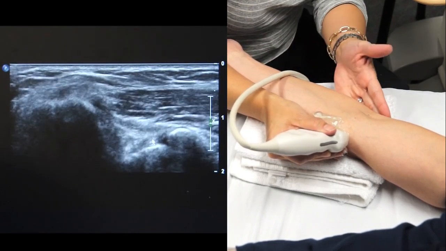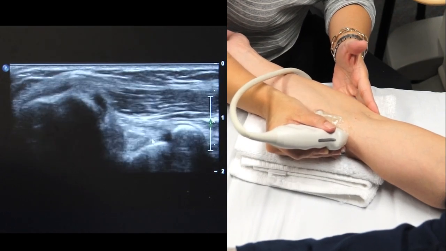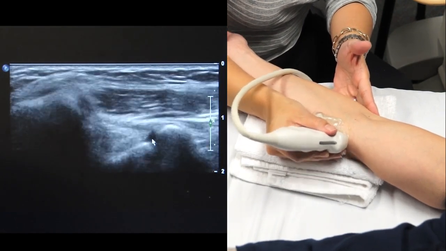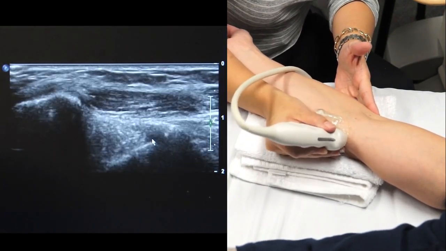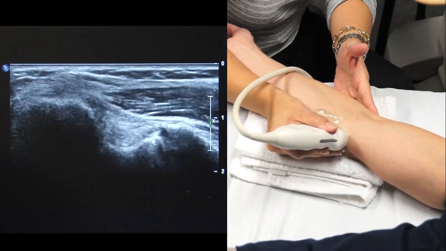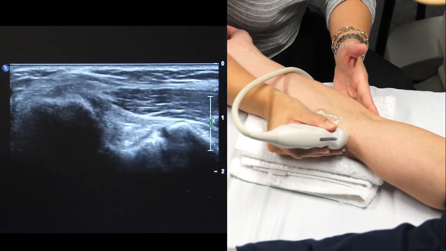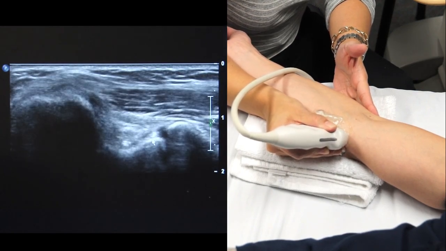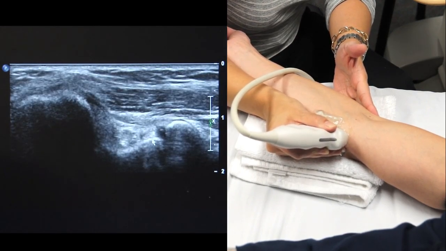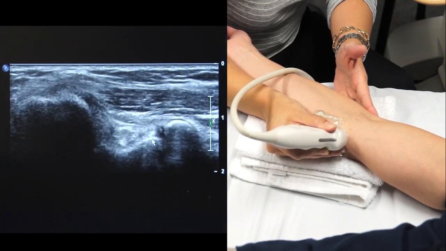So we can put our arm across this part of the joint and try to open up the joint by pushing out on the patient's hand while keeping the transducer in the joint. And you can see that the joint space does not widen excessively in this case. And you can see that the ulnar collateral ligament stretches across that joint.